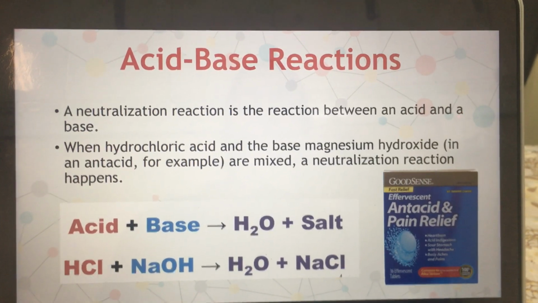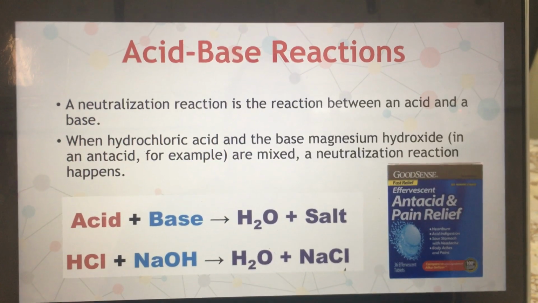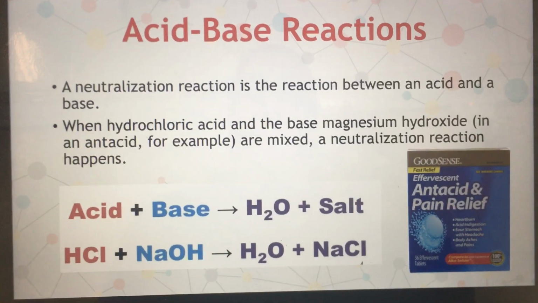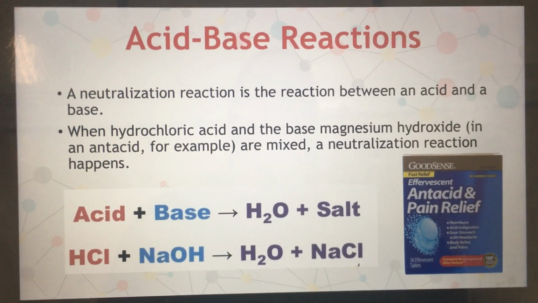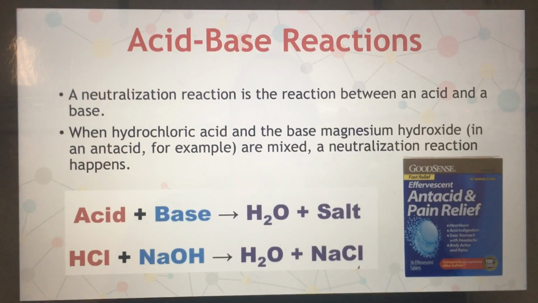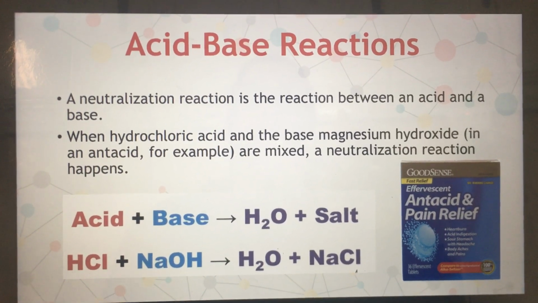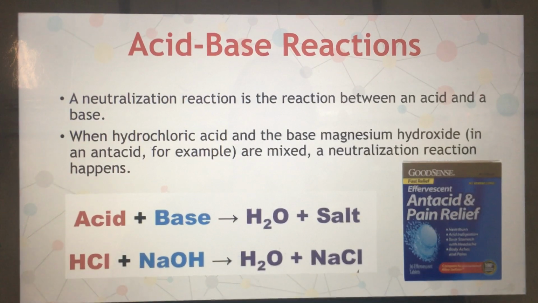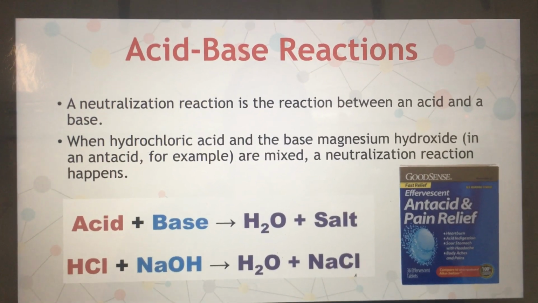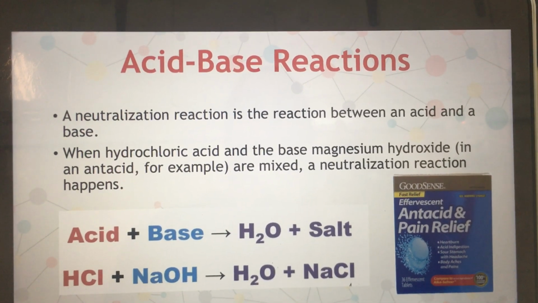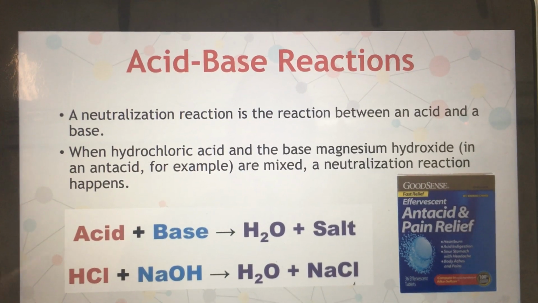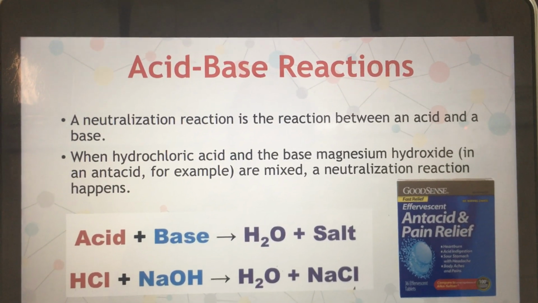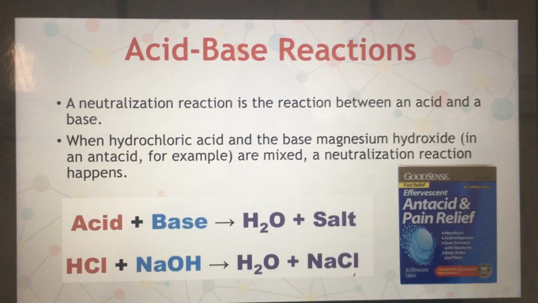So, a neutralization reaction is a reaction between an acid and a base. In this reaction, acid and base cancel each other, equal each other, because they are opposites. Acid turns the blue litmus paper to red. Base turns the red litmus paper to blue. So they are opposite.